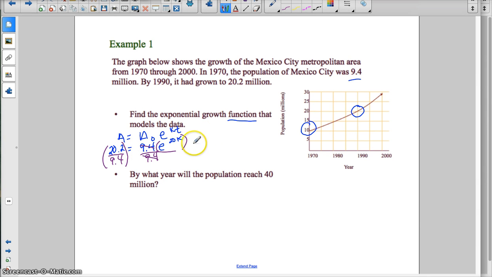So our current equation looks like this, and I still have k in the exponent. In order to get k out of the exponent, I know that I need to take the natural log of both sides of this equation. So if we take the natural log of the left, we have to take also the natural log on the right.